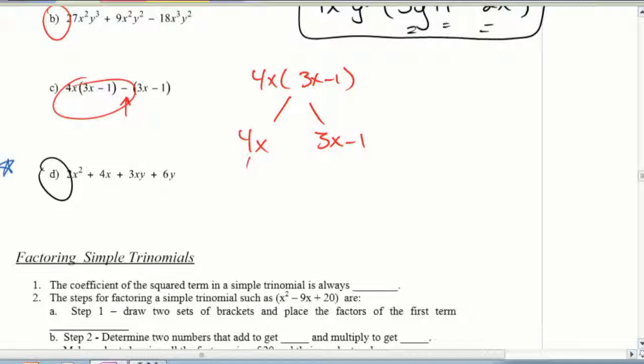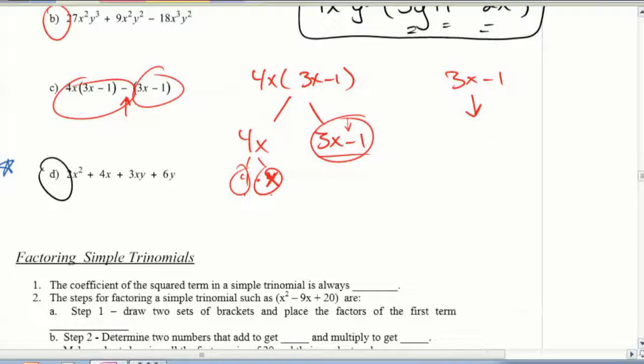I could break this one down further, into 4 times x. I can't break this one down any further though, because it's separated by this minus sign. So I have 4 times x times 3x minus 1. How about the second term, which is just 3x minus 1? Well, I can't break it down any further.